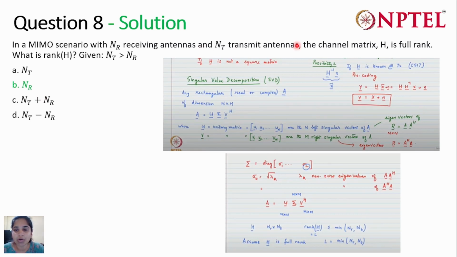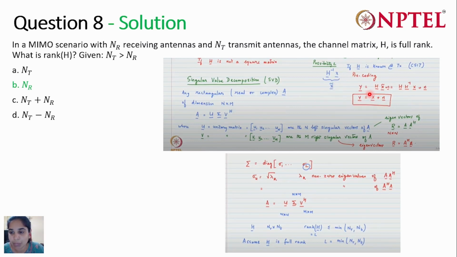So the scenario we are considering is that if H is known at the transmitter, then we could do some kind of pre-coding, which is H inverse into X. If this is taken as X tilde, that is what we transmit.